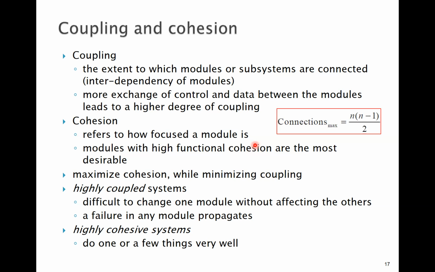If we have 4 modules, then 4 times 3 divided by 2 makes 6, so a maximum of 6 connections. So the number of connections increases with the number of modules, as you can see. This should give an idea about how much the system will be coupled. Look into the number of maximum connections.